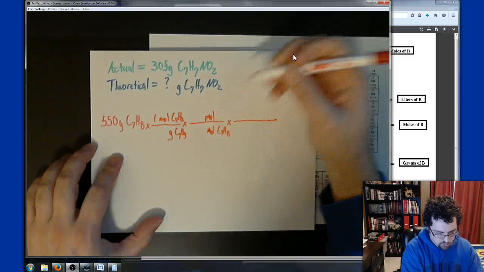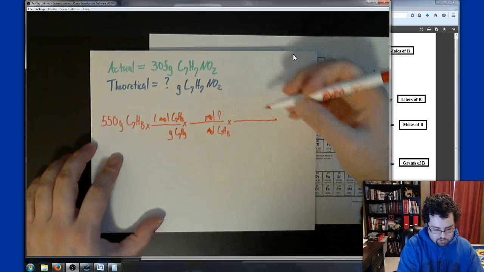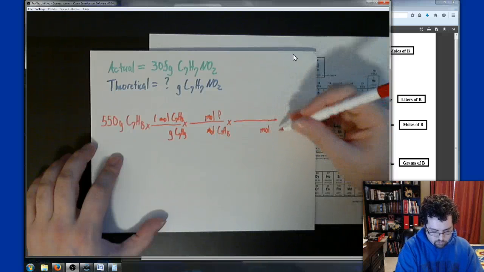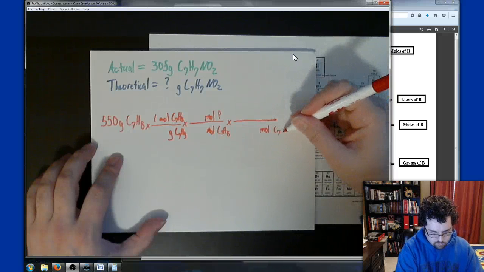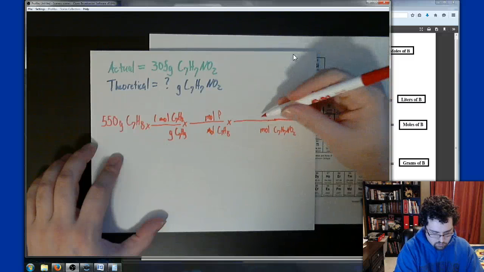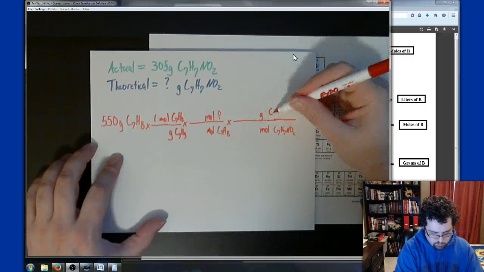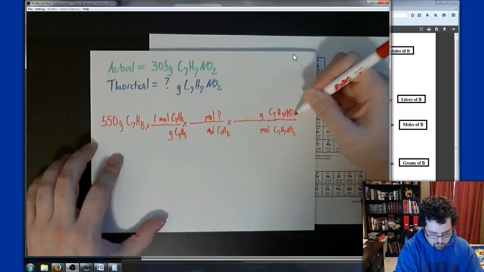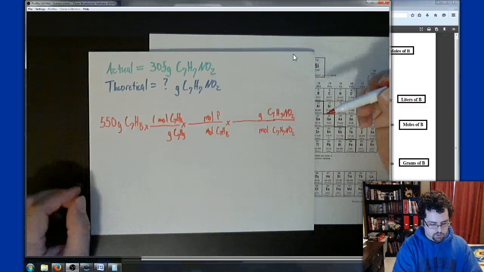Moles of my product here. Moles C7H7NO2, my product, for every how many grams of C7H7NO2 here. Alright, so now I'm just going to go in and fill the numbers.